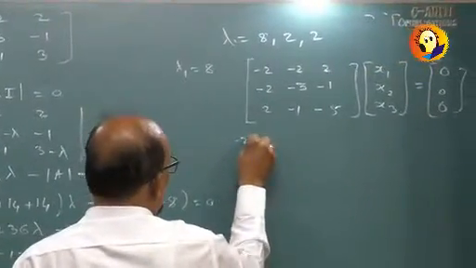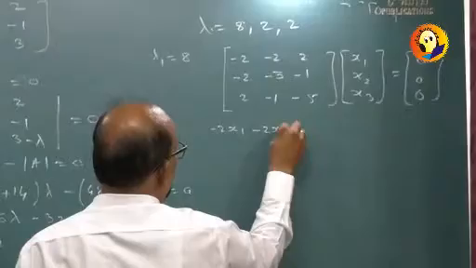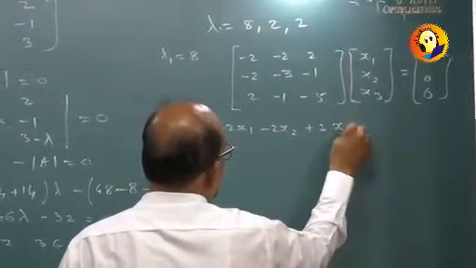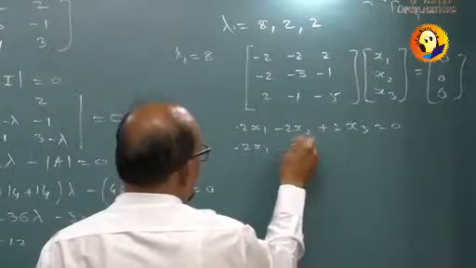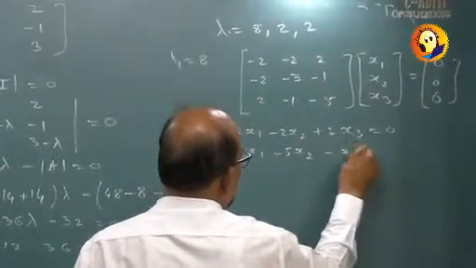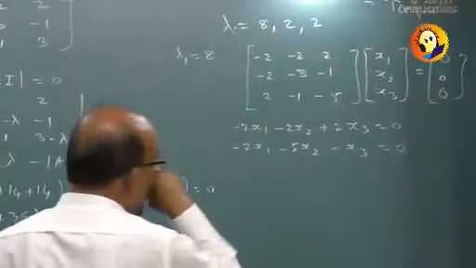So minus 2x1 minus 2x2 plus 2x3 equal to 0. Minus 2x1 minus 5x2 minus x3 equal to 0.